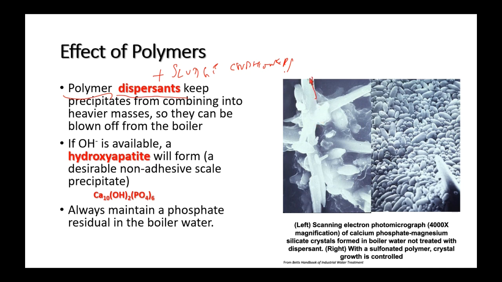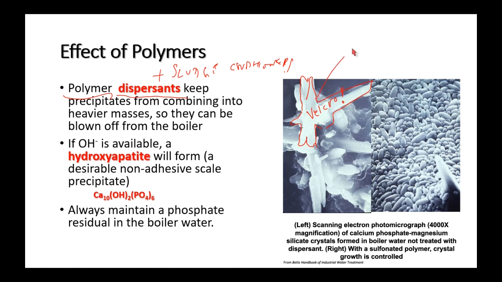So take a look at this crystal here. This is a calcium phosphate, I think. It says calcium phosphate magnesium silicate, so I guess both of those crystals are present. But if you take a look, this is one of these phosphate precipitates, and it's like Velcro. And we know what Velcro is.